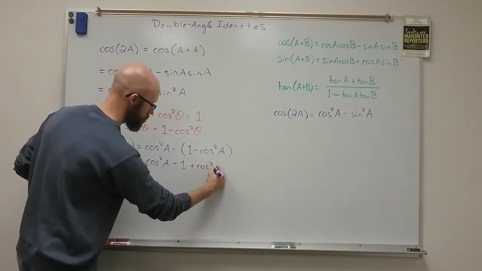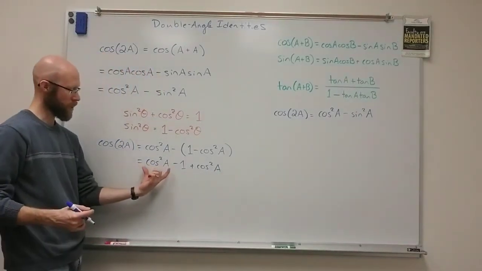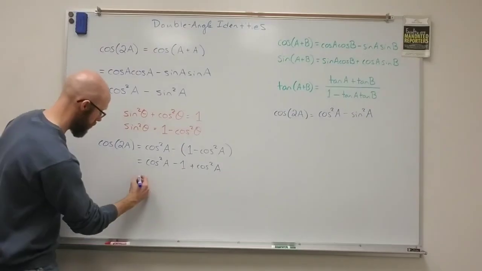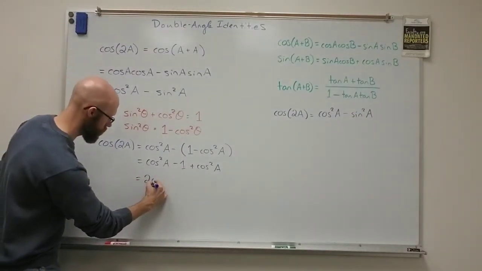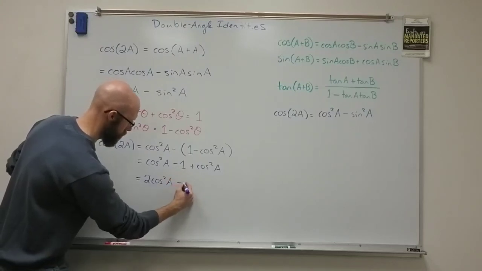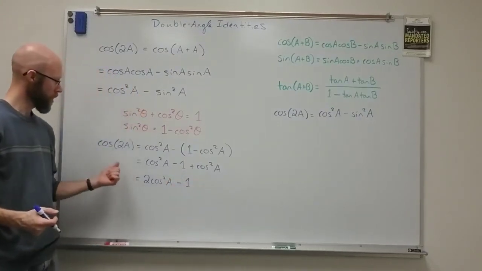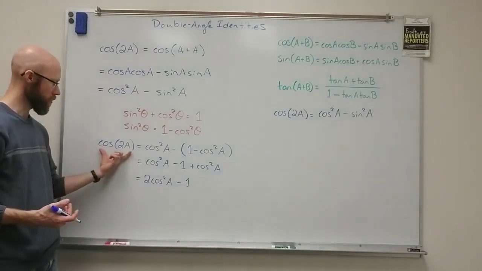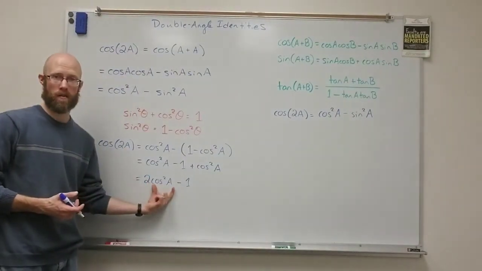plus cosine squared a. And anytime you add something to itself, you get 2 of them. So it's 2 cosine squared a. So we'd call this 2 cosine squared a minus 1. Okay. This gives us a formula to relate the cosine of 2a to only the cosine of a. Right?